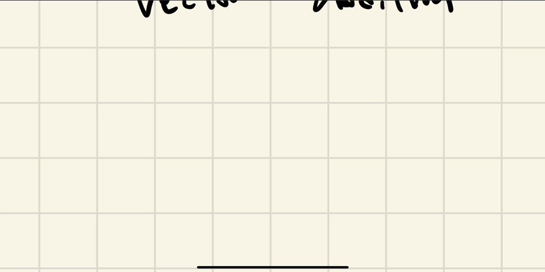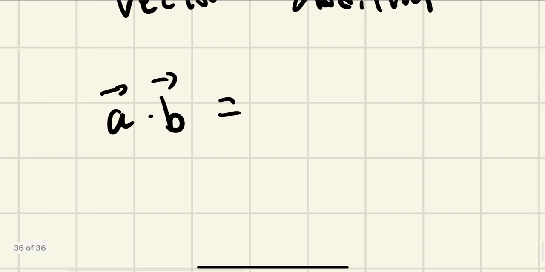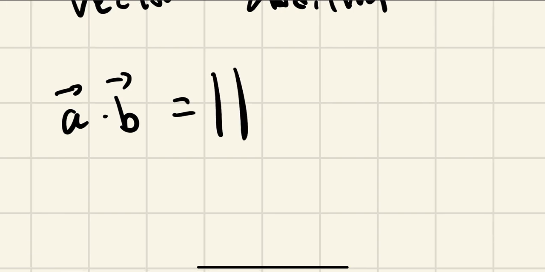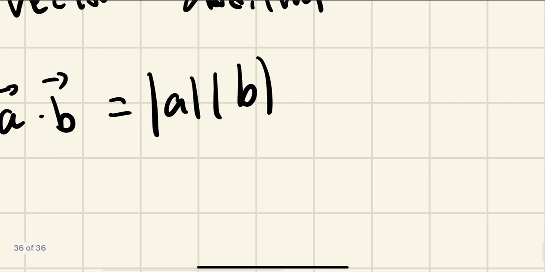The vector dot product is basically how we do multiplication. So first of all, vector A times vector B equals the magnitude of A, magnitude of B, times cosine theta.